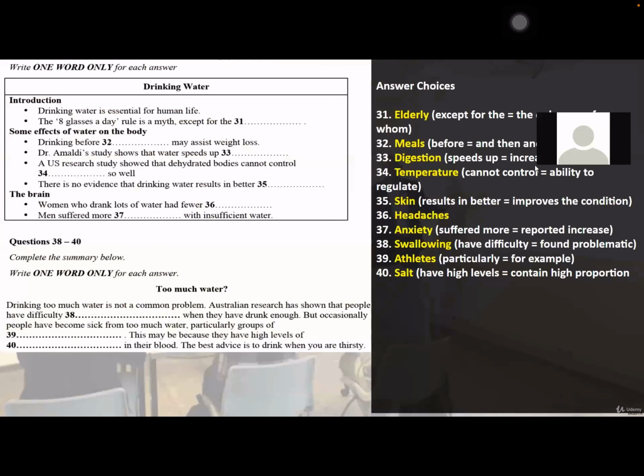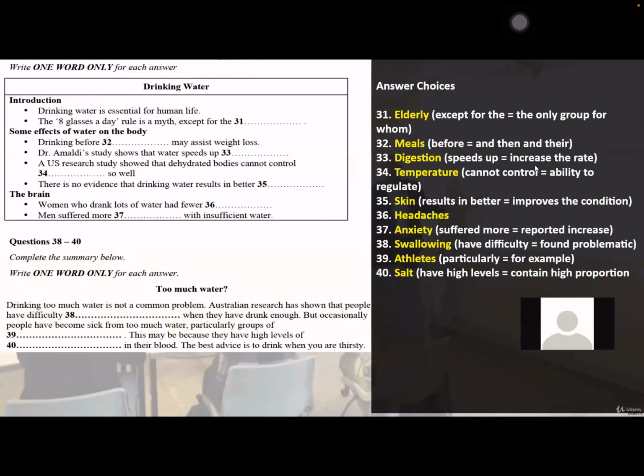Number 31 is elderly. They said except for, when they said except for, the paraphrasing was the only group for whom, and the answer is elderly. Number 32 is meals.